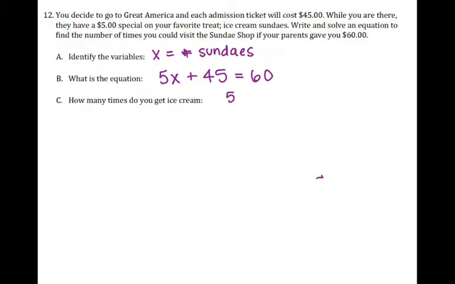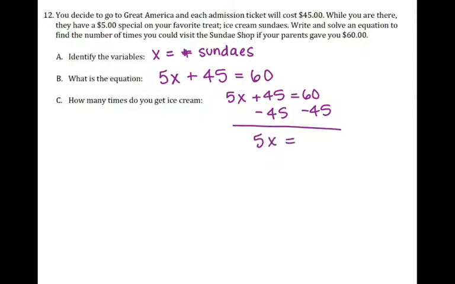So I'm just going to rewrite it since I need the space. So I have 5x plus 45 equals 60. I'm going to subtract 45 from both sides. I have 5x equals 15. Divide by 5. And I can get 3 sundaes.